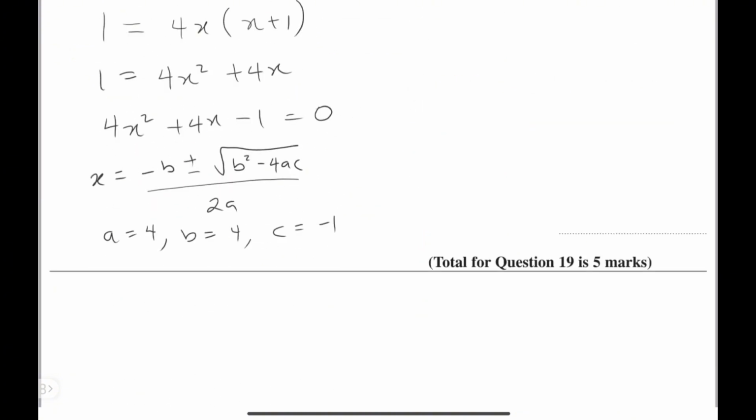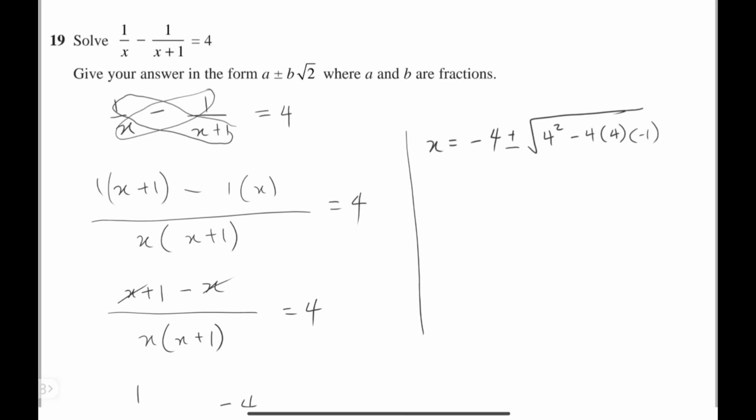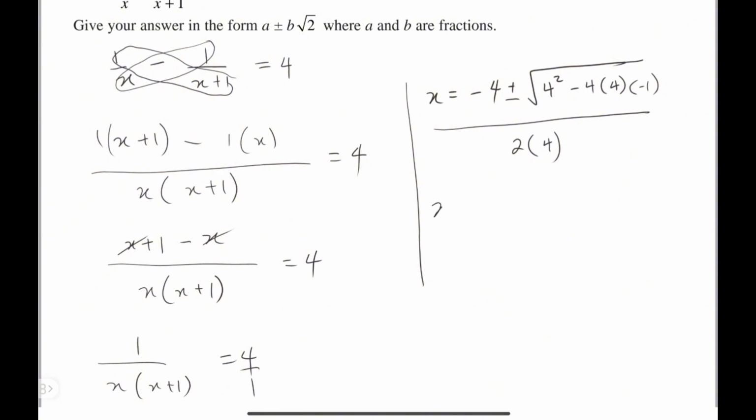Let me just confirm that. Yeah, all over 2 times 4, because a is 4. So that will give x equals minus 4 plus or minus root of 16 minus, now 4 times 4 is 16, and 16 times minus 1 is plus 16.